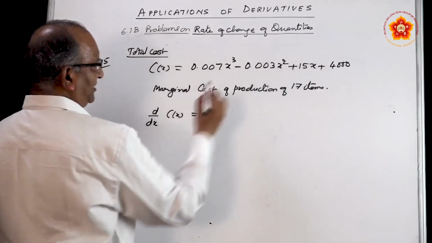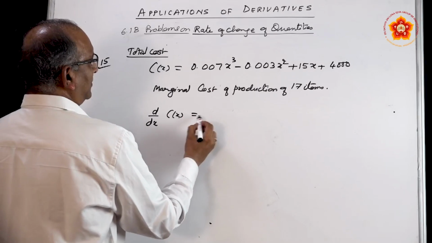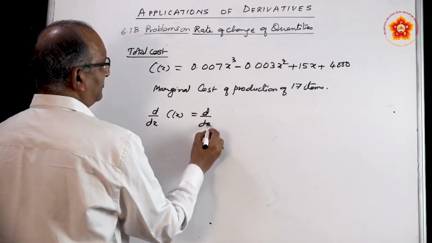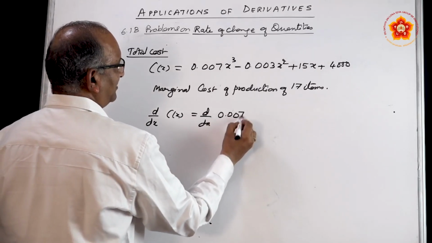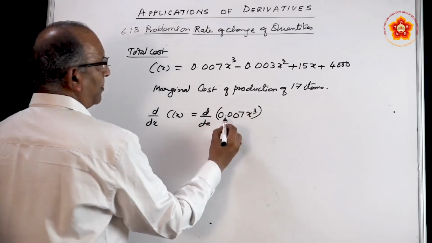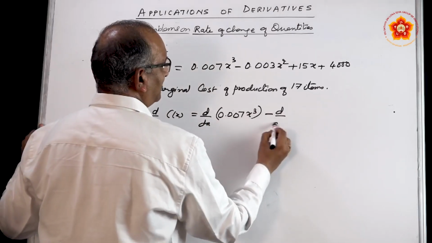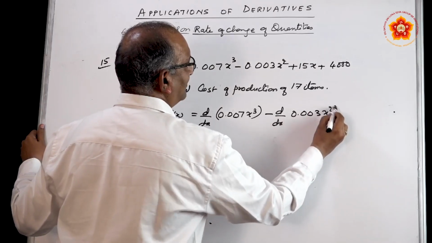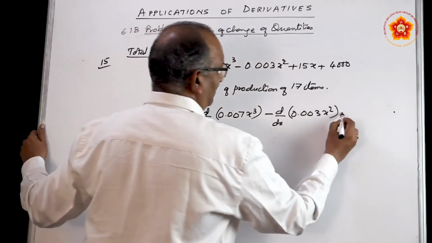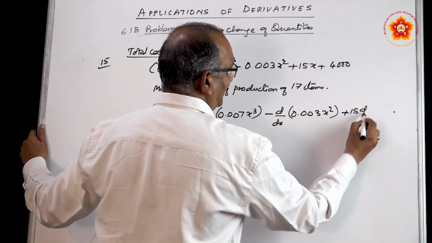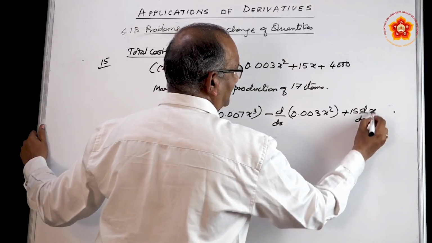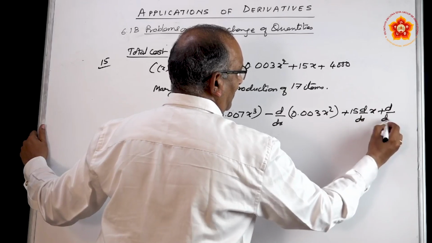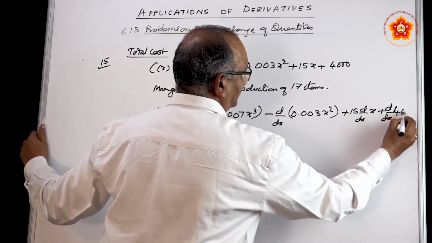Differentiate the whole thing with respect to x: d dx of 0.007 x cube minus d dx of 0.003 x square plus 15 outside d dx of x plus d dx of 4000.